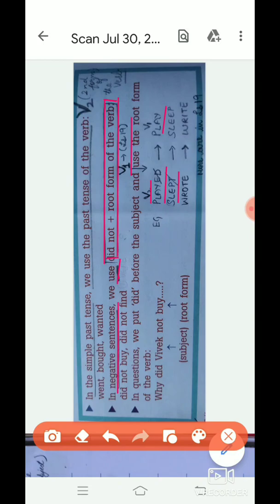Slept, this is V2. Its V1 form is sleep. So when you make a negative in simple past tense, it will become did not sleep. Wrote, again its second form, and when you will frame its negative, it will be did not write. So you need to remember and time and again revise these first and second forms of the verb.